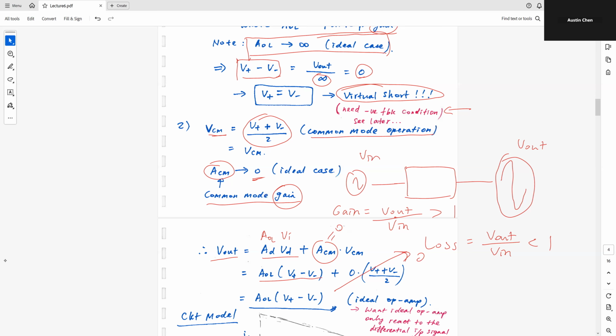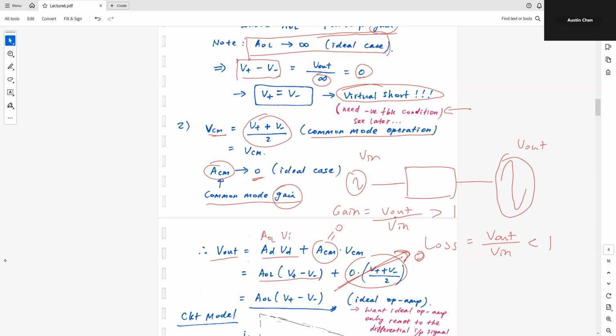The term on the right here is gone because if we assume we have an ideal op amp, then ACM is equal to zero. So this term is zeroed out. It's disappeared. Therefore, V out is just equal to AOL times V plus minus V minus.